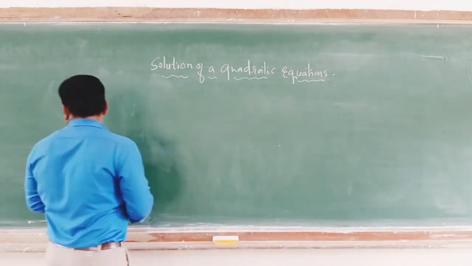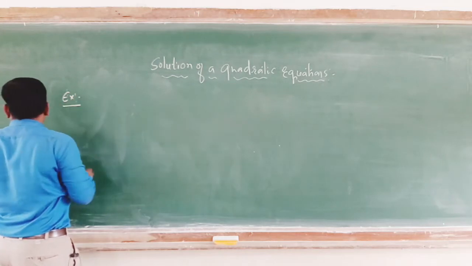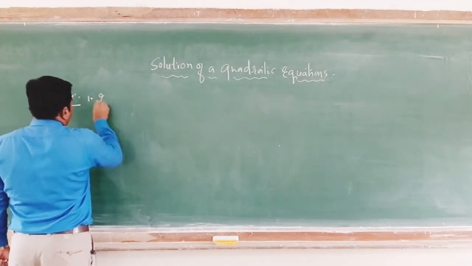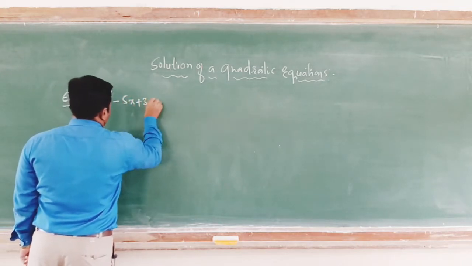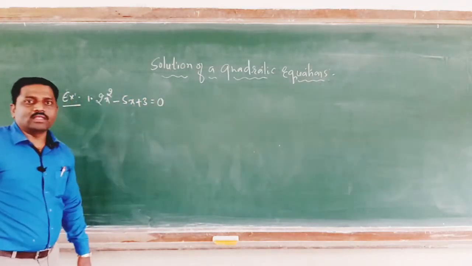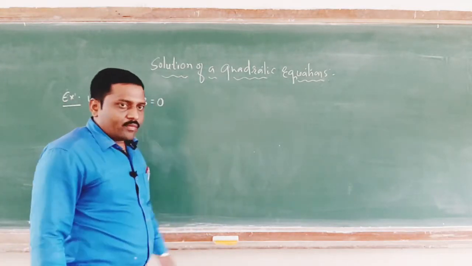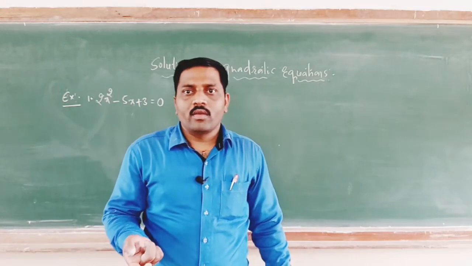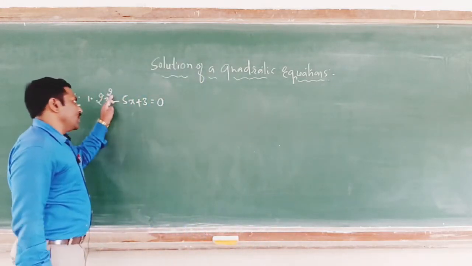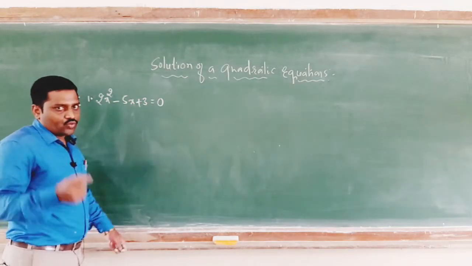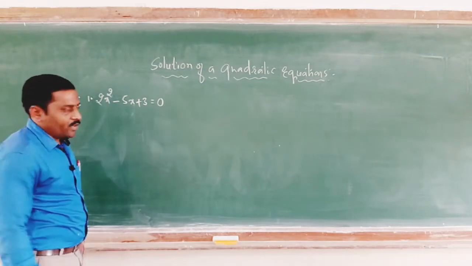I take one example: 2x square minus 5x plus 3 is equal to 0. This is a quadratic equation, no doubt, because the polynomial is of degree 2. The power of the variable in the given equation is 2, so this is a quadratic equation.